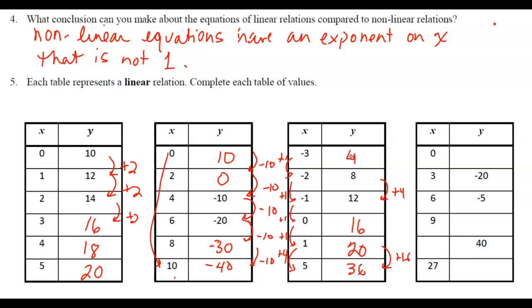Next one, same deal, except now we're missing an x value, so we have to work back from the y. But here, take a look. So we're going up by 3, going up by 3, going up by 3. Doesn't mean that we're going up by 3 here, because that goes all the way to 27. Take a look at what we're given here. We're going up by 15.